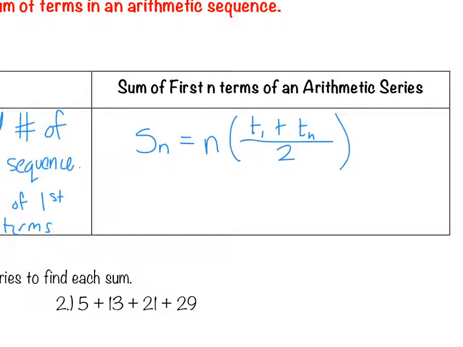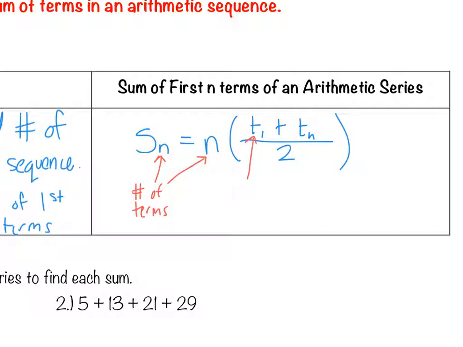A couple things to point out. One is that n is the total number of terms, and that n will also follow here too. It's the same n, so whatever number of terms there are will be the same value for that n. All n's will be the same. T sub 1 should look somewhat familiar.